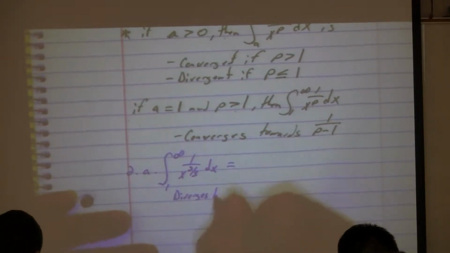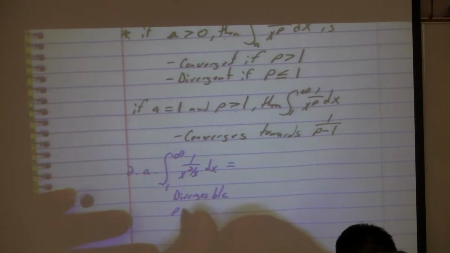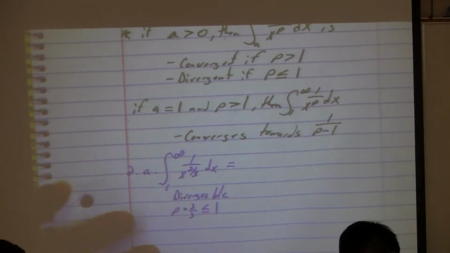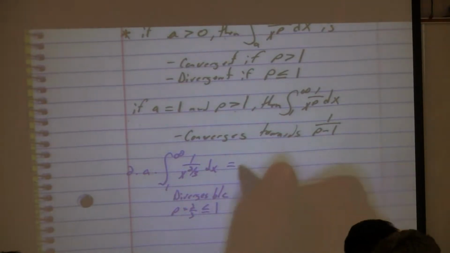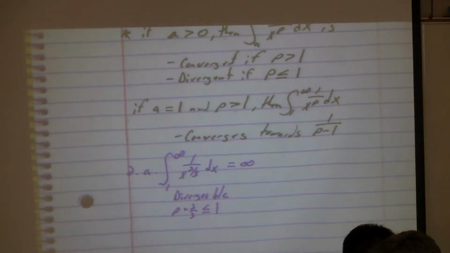Diverges because p equals 2/3, which is less than or equal to 1. Awesome. What would he diverge to? What would we put there? Infinity, right?